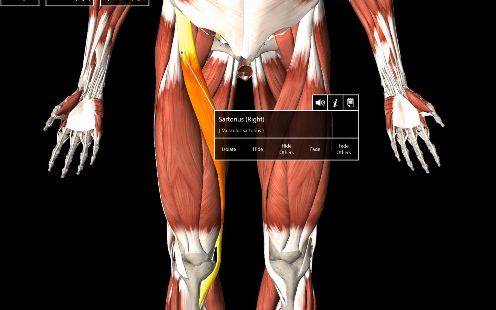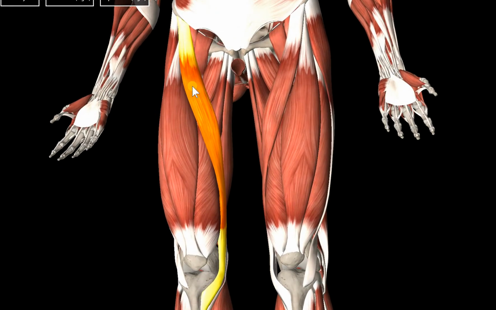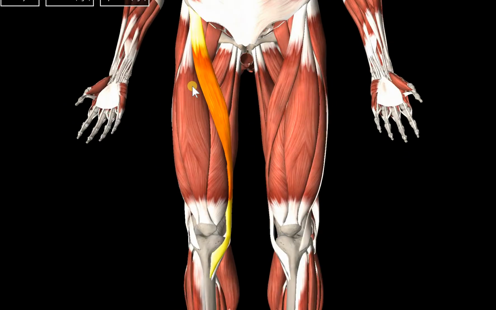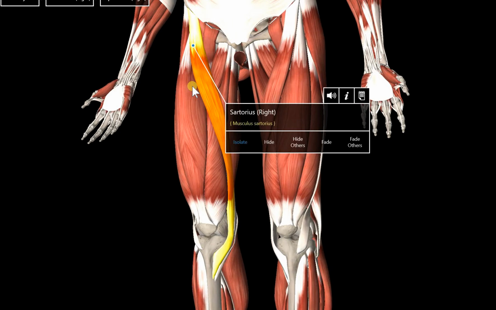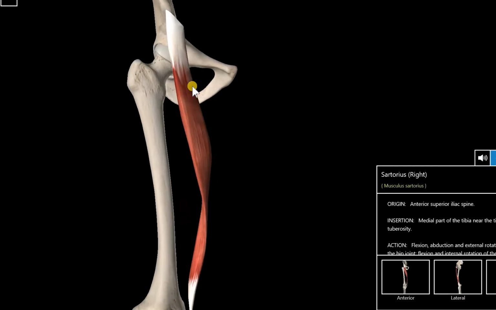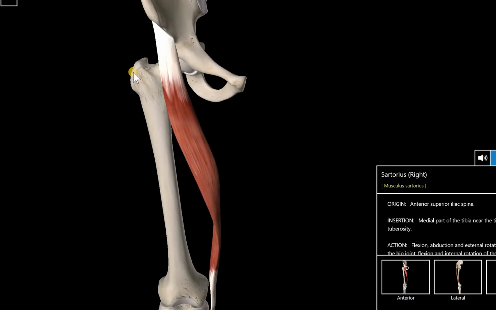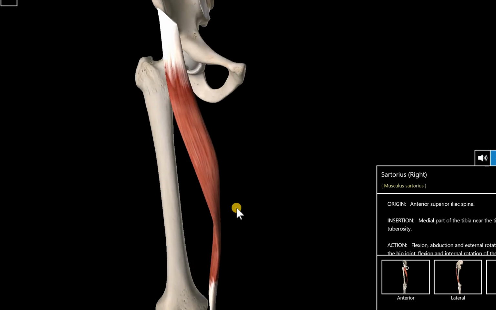Okay, we're on the lower extremity, the anterior aspect of the thigh. The muscle we're going to look at next is the sartorius, considered the longest muscle in the body. It does go from the hip down to the knee, so it crosses two joints, the hip joint and the knee.